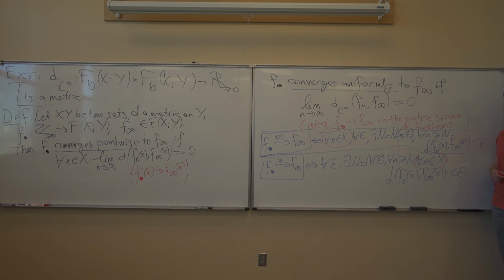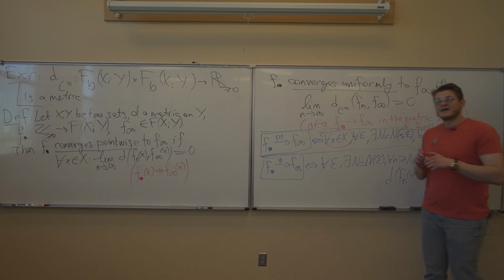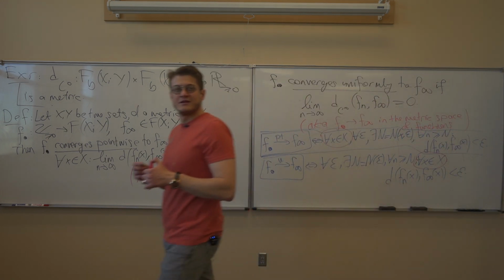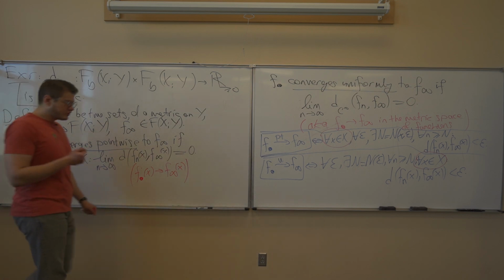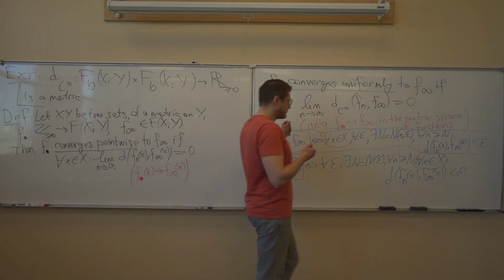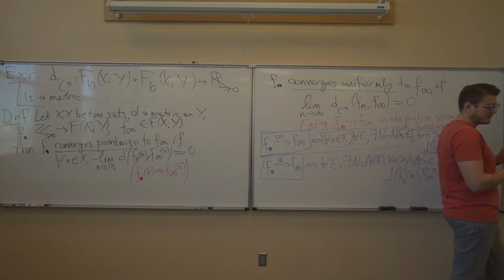Yes? Is converging uniformly a stronger statement than pointwise? Exactly. Yes. Good question. And in fact, that was the first thing I wanted to do. So uniform convergence is stronger than pointwise convergence.